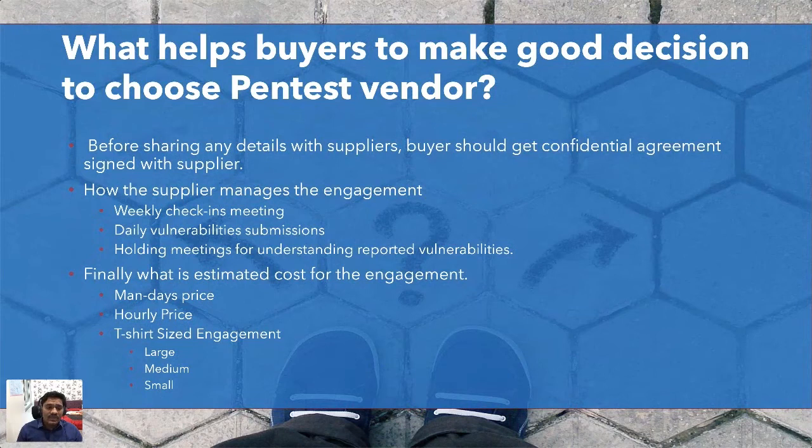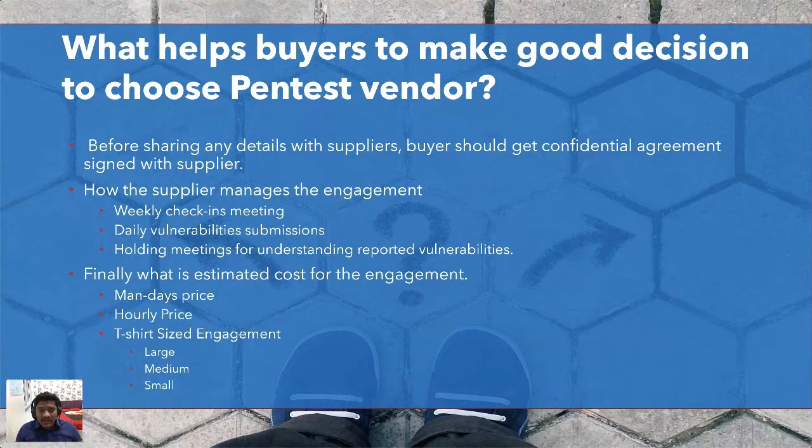Finally, the estimated cost for the engagement. Usually, these are the three major points of cost you can use. Do not go for very complex programs or very complex costing. Instead, keep it very simple and basic. Most companies will come up with mandays pricing. Some companies will come up with hourly pricing.